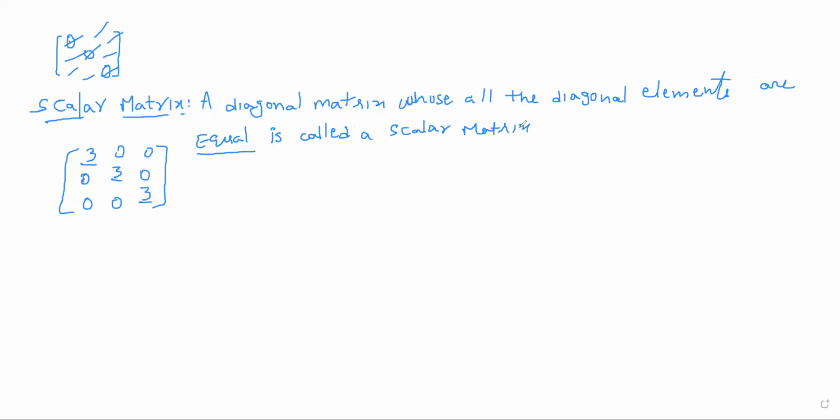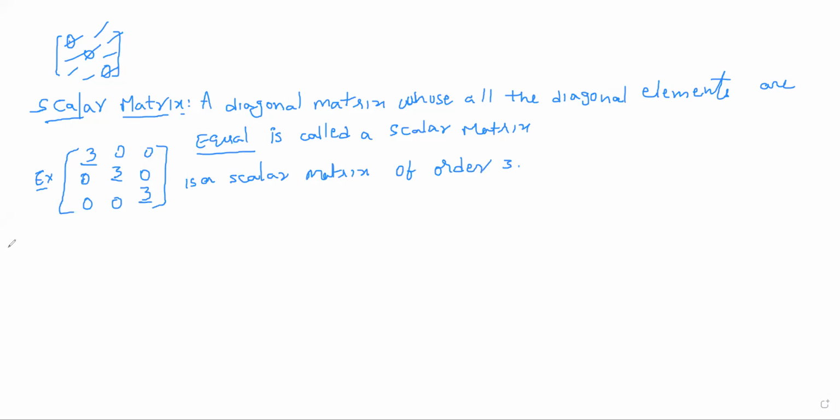For example, this one is a matrix of order 3 by 3 with elements 3 0 0, 0 3 0, 0 0 3. This is a scalar matrix of order 3.